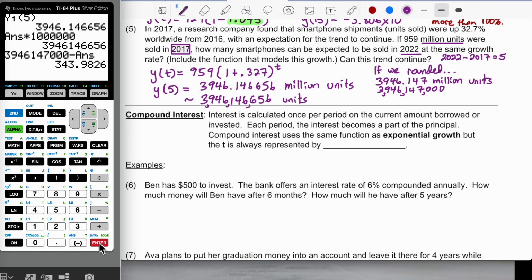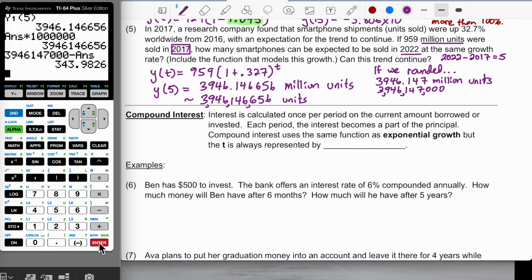All right. Now, that brings us to compound interest, which is actually not going to be very complicated in comparison, because we're only going to focus on the one type of compound interest. You'll do more with this in Algebra 2, because we're focusing on compounding interest on an annual basis.